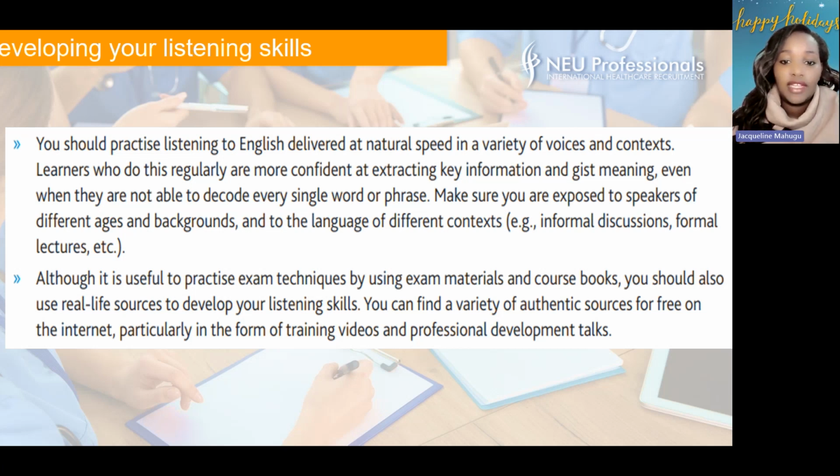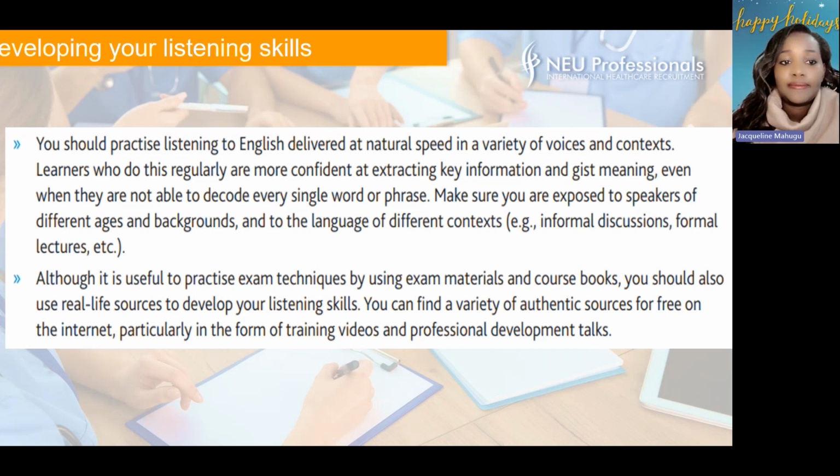You can find a variety of authentic sources for free on the internet, particularly in the form of training videos and professional development talks. So don't just use the OET sample papers. Some people want to do sample papers every single day, and it's not going to be helpful. Yes, you should do them, but don't just use that. Make sure you use real life sources.